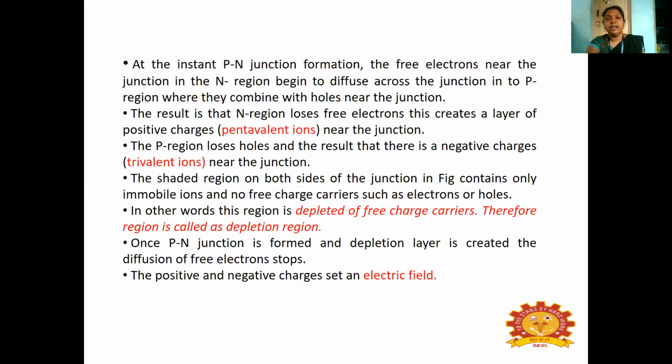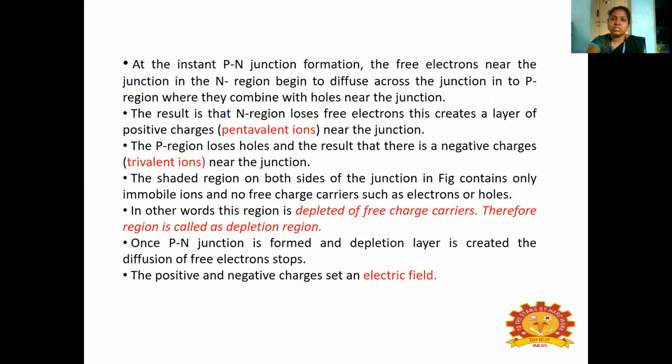The result is that the n region loses free electrons. This creates a layer of positive charges, that is pentavalent ions, near the junction. The p region loses holes, and the result is negative charges, trivalent ions, near the junction.